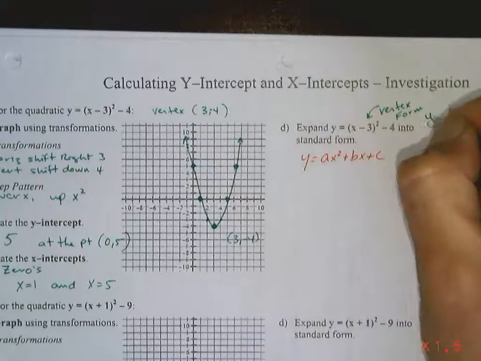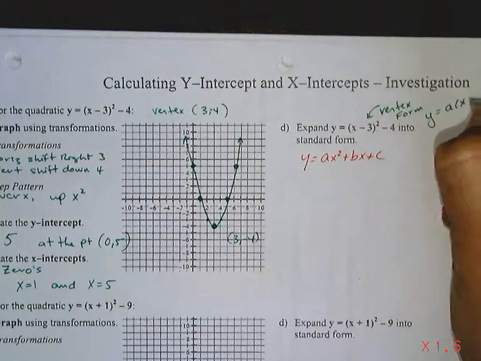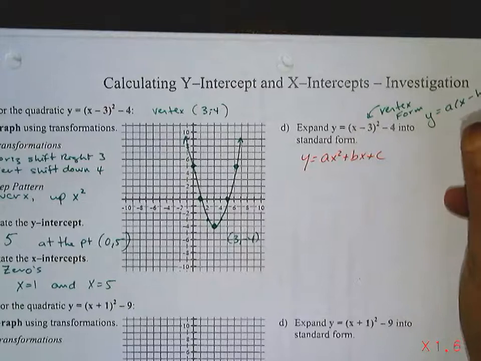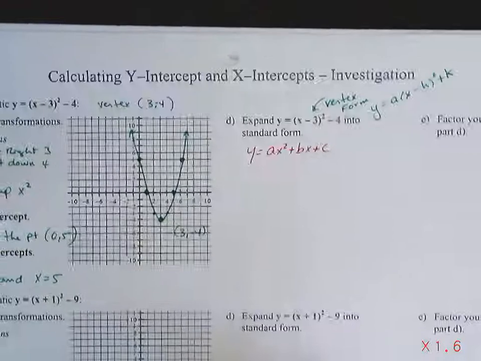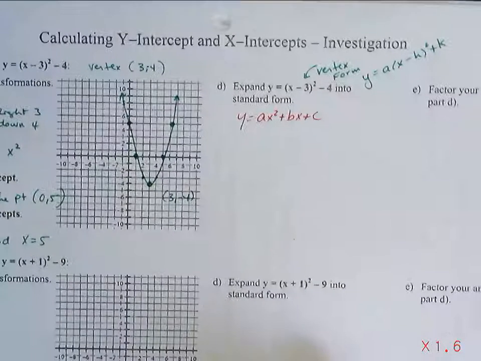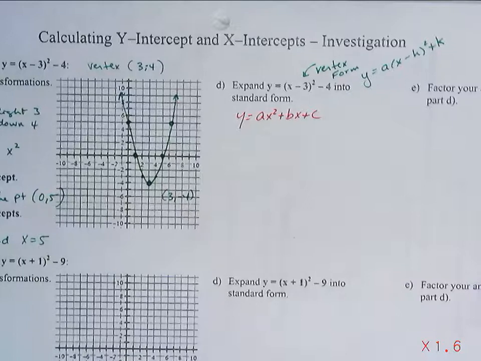And it looks like this. And on a test or an exam, I can ask you for standard form, and you have to know which one it is. And I can ask you for vertex form, and you need to know which one it is. So this is vertex form. We would like to expand it into standard form.